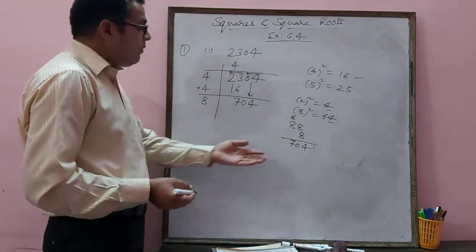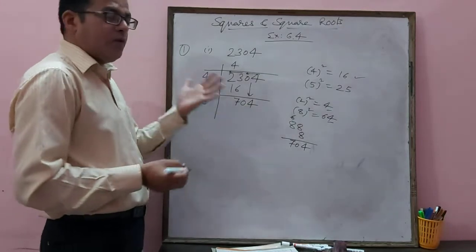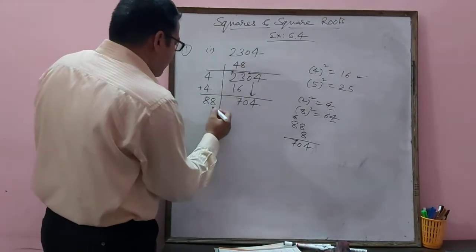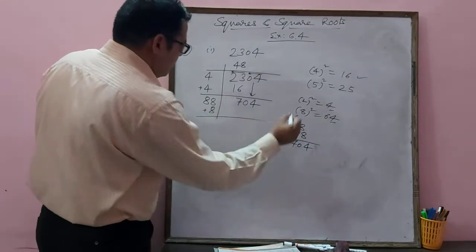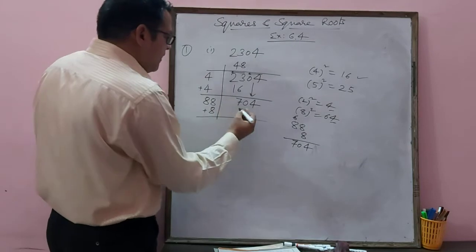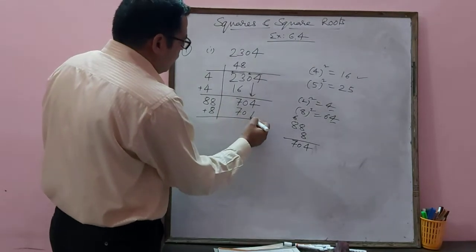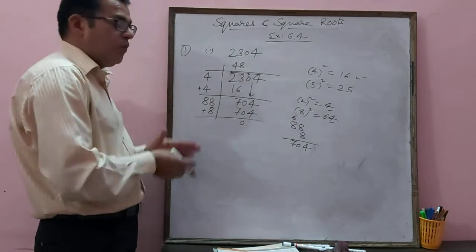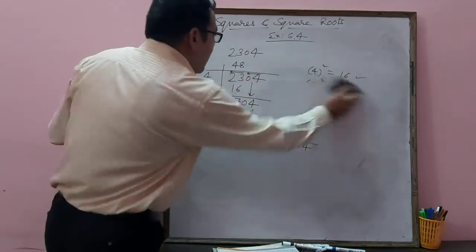So what we have? 704, and already we have 704. It means we need to take 8 here, here also 8, and here also 8. Now if we multiply this 8 with 88, we have 704, and remainder is 0. Our process ends here.